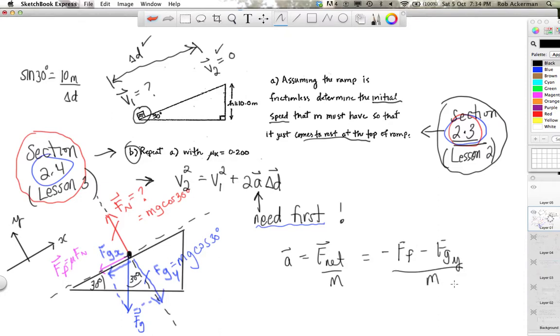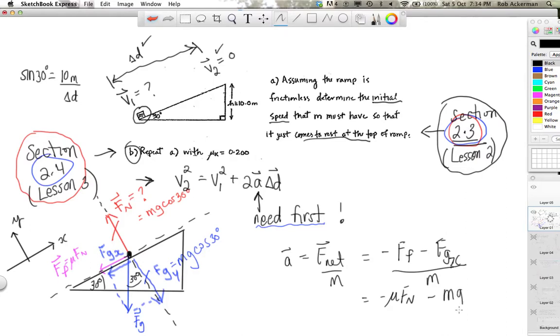Those all have to be divided by mass. What is FF? It's mu Fn. What is FG? Oops, sorry, I realize I just made a mistake. That should not say y, that should say x. Good for you if you caught that. Bad for me for writing it. Okay, but at least I caught it.